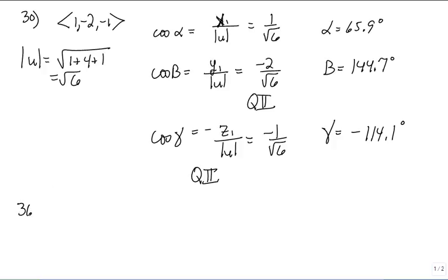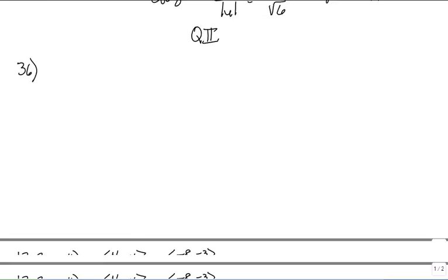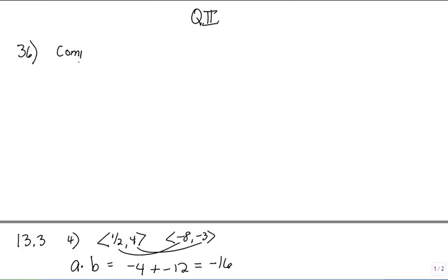Okay, 36. I'm going to find the scalar projection of B onto A. And that's going to be A dot B over the magnitude of A. So if we dot A, we're going to get negative 4 plus 2, which is negative 2, over the magnitude of A squared, which is 5.